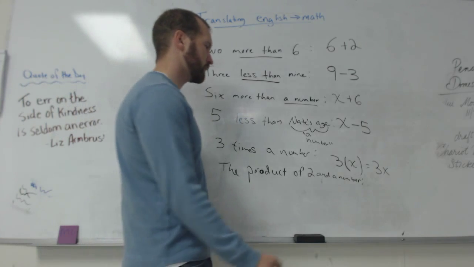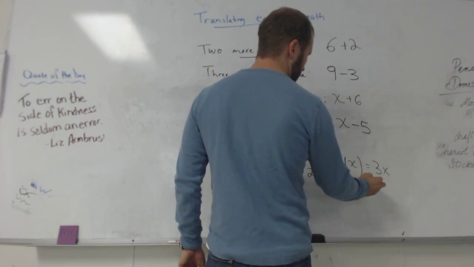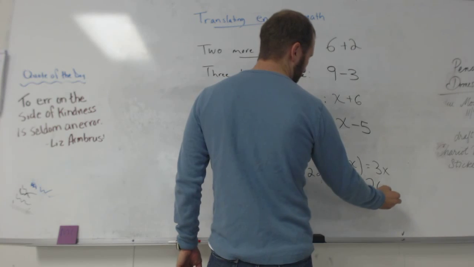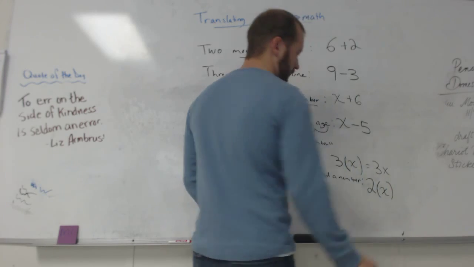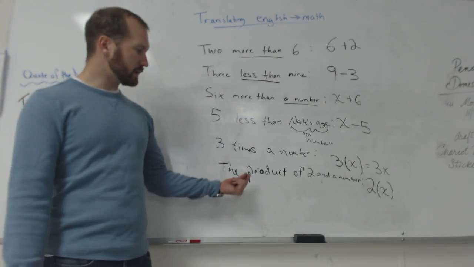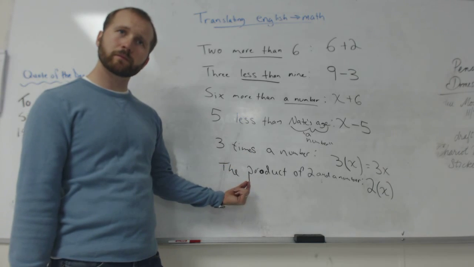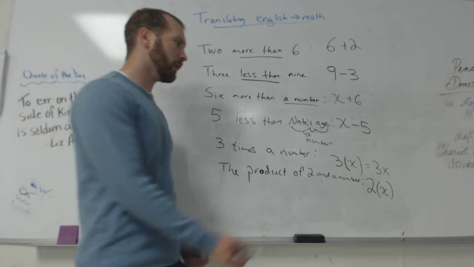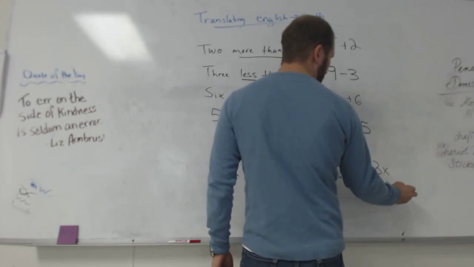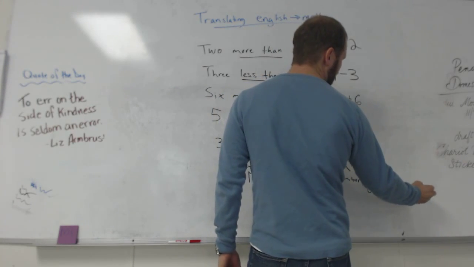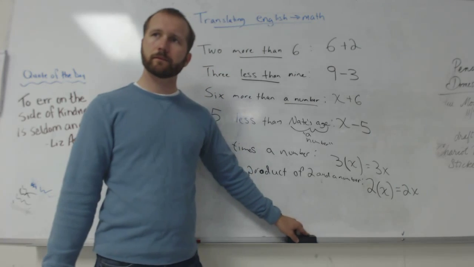Times. So I'm going to say 2 times x. So this is really the same thing, times and product. Now in this case, 2 parentheses x is the same thing as 2x.